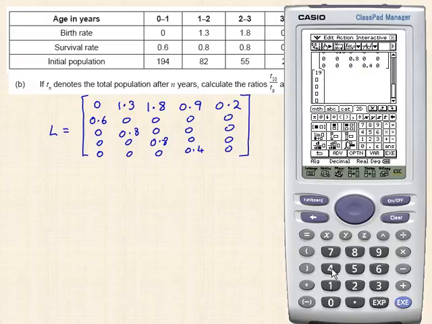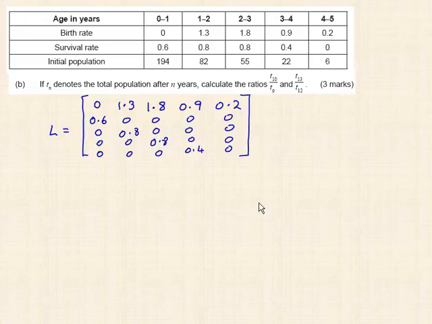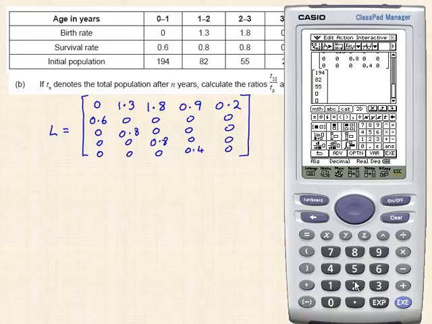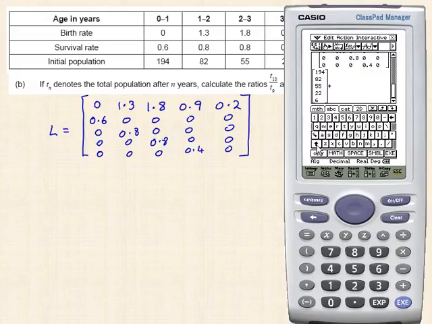So that's 194, 82, 55, 22, and 6. And I'm going to store that one in P for population.